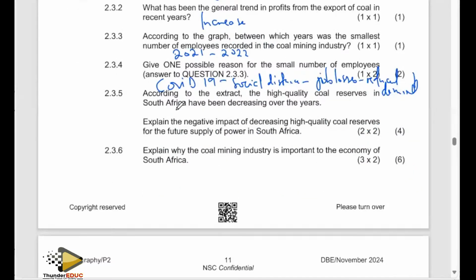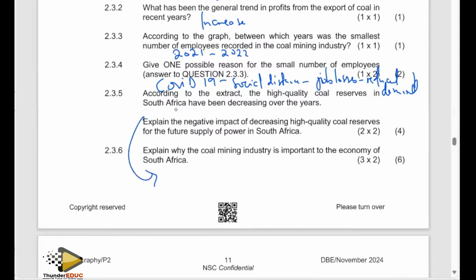According to the extract, the high-quality coal reserves in South Africa have been decreasing over the years. Explain the negative impact of decreasing high-quality coal reserves for future supply of power in South Africa. How is it going to impact the power supply, given that the quality reserves are declining in quantity with continued mining over the years?